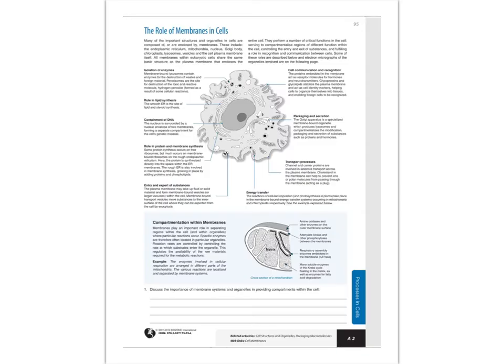So what's the role of membranes in cells? Hopefully you know that when we're talking about the ER, we have lipid synthesis, so we produce lipids in the ER. Isolation of enzymes, right? Membrane-bound lysosomes have enzymes inside them that would tear you apart, and peroxisomes and such would break down your cell.